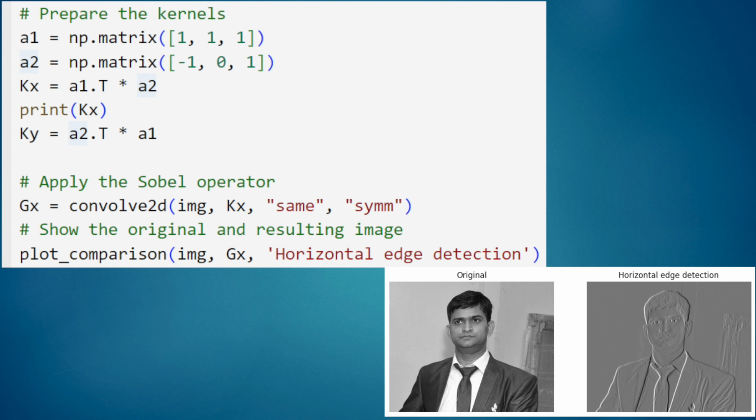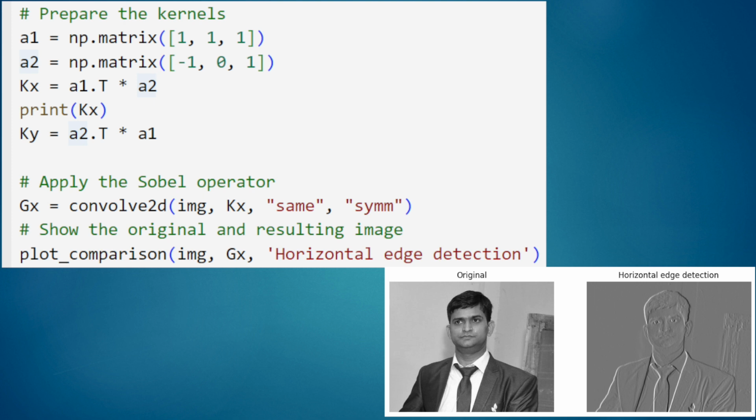Then Ky is A2 transpose into A1, and to apply this operator we have to convolve the image with Kx first. It is using the same mode and symmetric. What does that mean? Same means the output will be of the same size as the image. Therefore convolution 2D here will result in Gx, and Gx will be of the same size, the same number of rows and the same number of columns as in the image.